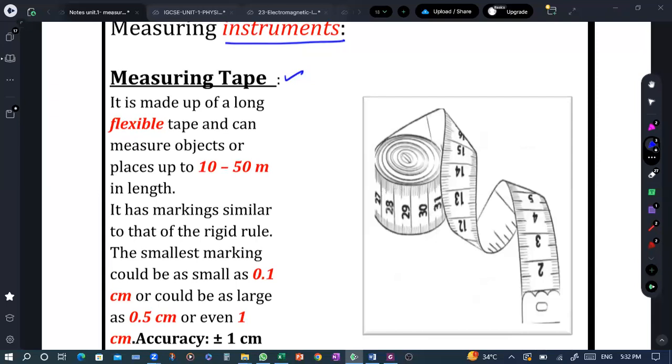So a measuring tape is a flexible setup. If I call it a meter roll, its length will be 1 meter, I mean 100 centimeters. It will be for a meter roll, not a meter rod.